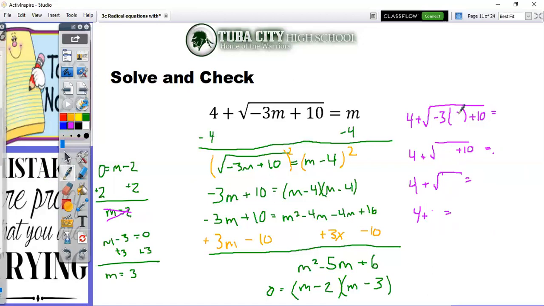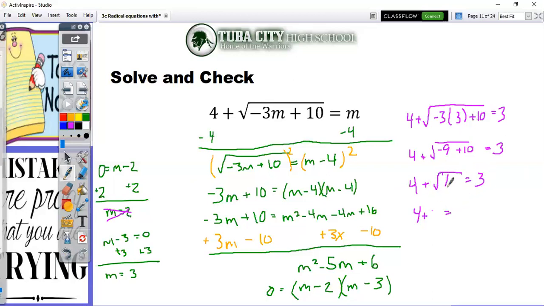But let's try 3 now. Same thing, I just replaced it with 3. And a lot of this we can still use over again. Here I'm going to put 3. So negative 3 times positive 3 is negative 9. 10 minus 9 is 1. So I have 1 in here.